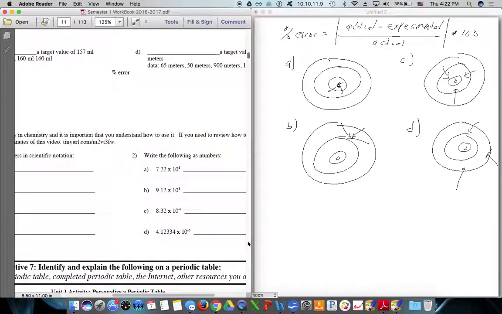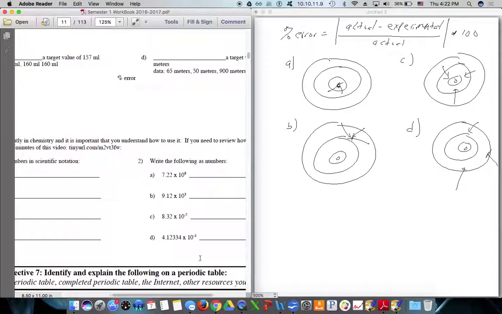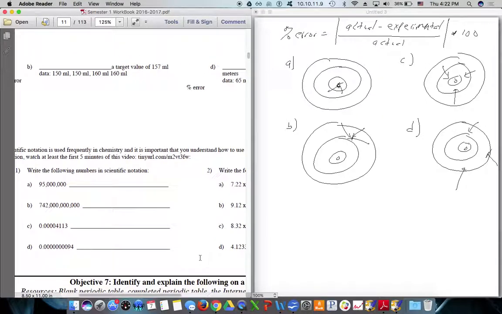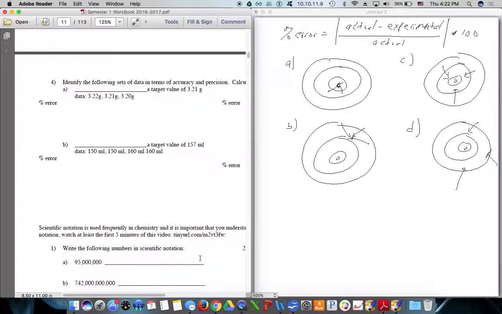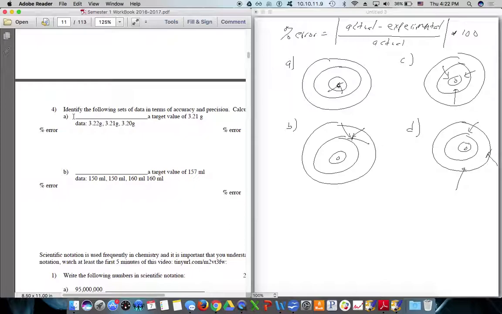All right, so let's look at some actual data and figure out if we can determine what is what. So letter A, target value of 3.21, data 3.22, 3.21, 3.20, all of these data points are close to each other, so this is going to be precise.